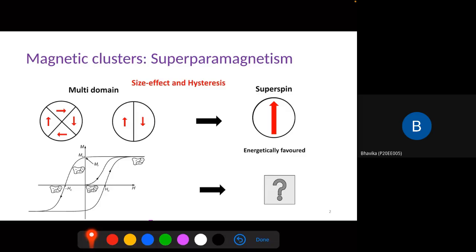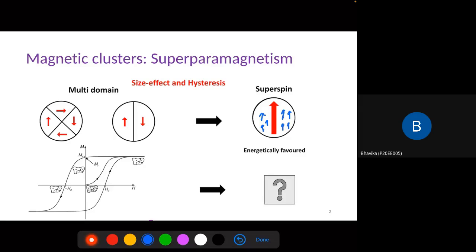But if you take a thousand such atoms, all oriented in the same direction, all the tiny atomic moments are aligned and add up, and the net magnetization of that ferromagnetic particle will be really huge.